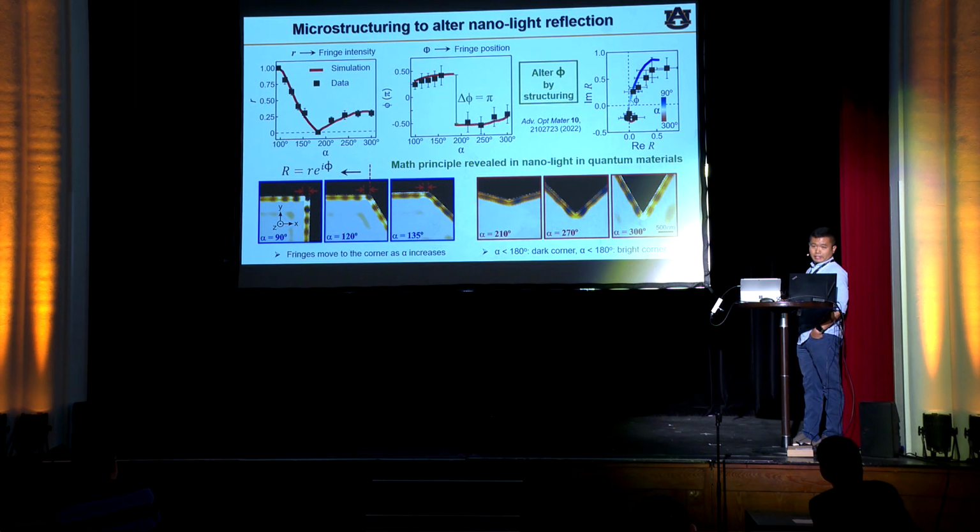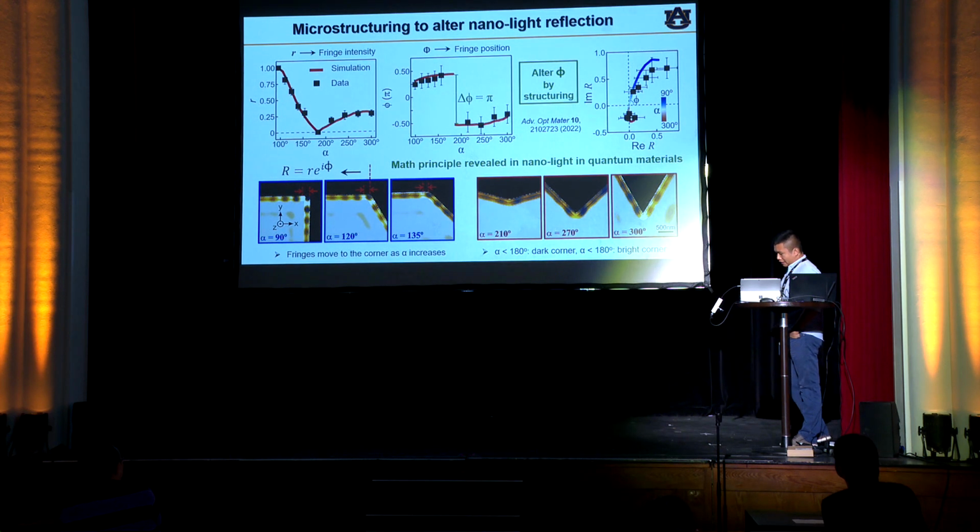So this clearly indicates that you have altered the reflection phase for polaritons. As one could see here, it's quite straightforward to understand. Reflection amplitude could change with your corner angle. Of course, you change how much energy could be reflected, but the reflection phase also changes with your corner angle. It increases and then has a pi shift. That is why you change from dark into bright corners.